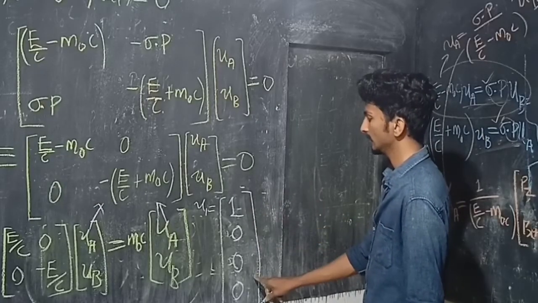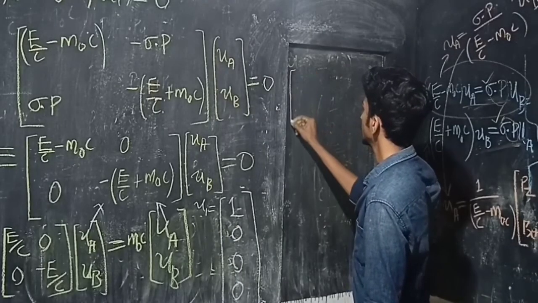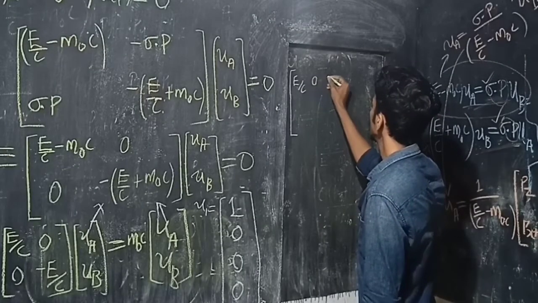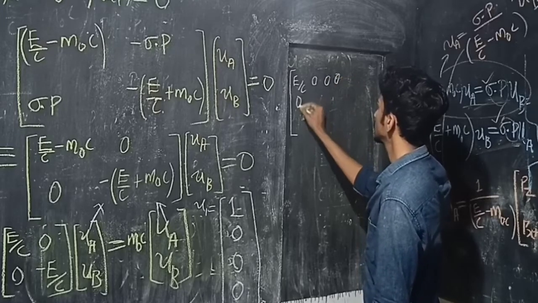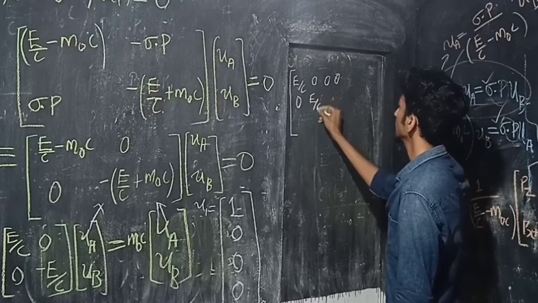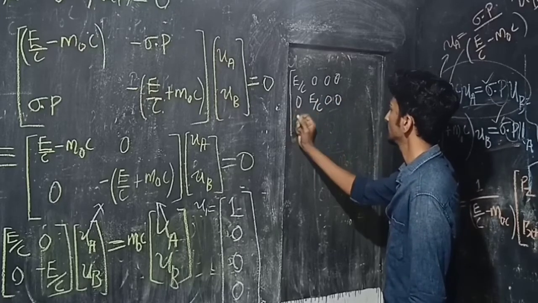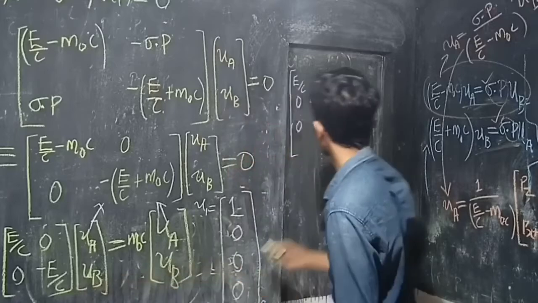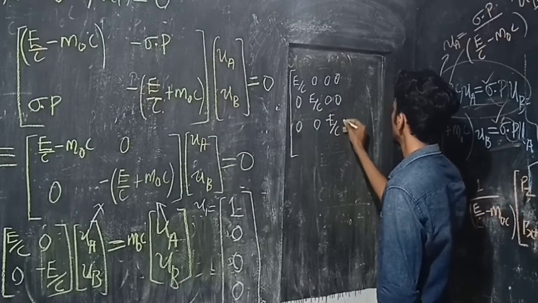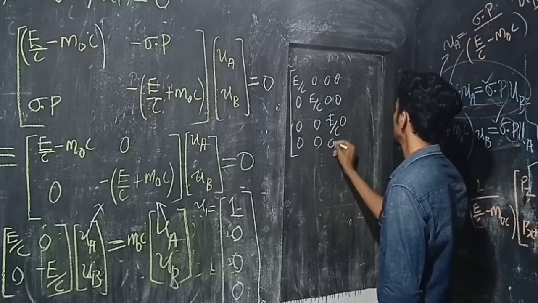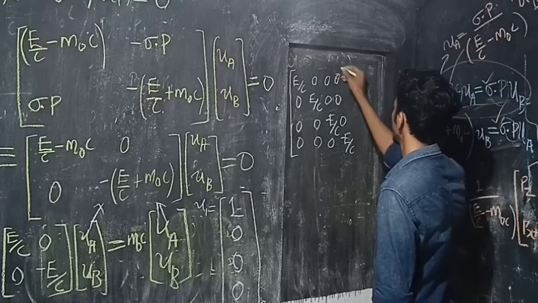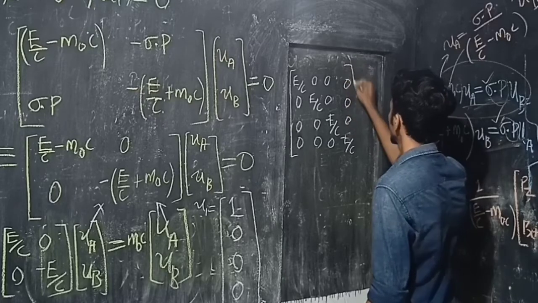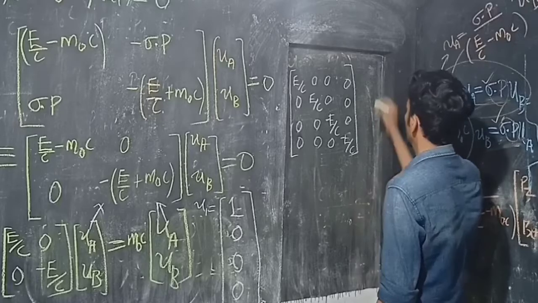If we substitute this spinor there, you can see that it is E over C, 0, 0, 0, 0, E over C, 0, 0, 0, 0, minus E over C, 0, 0, 0, 0, minus E over C, times the U1 spinor.